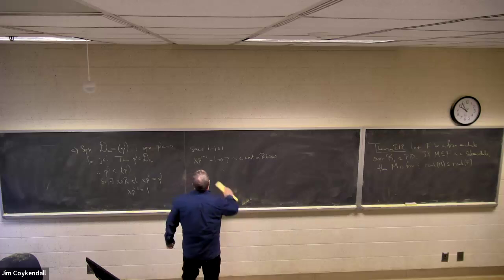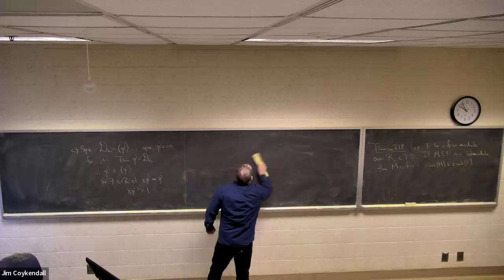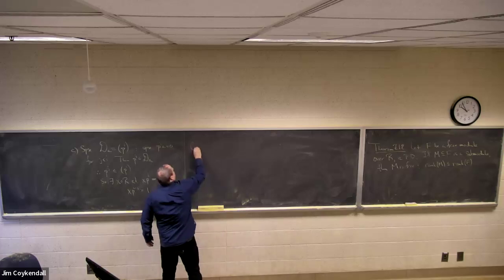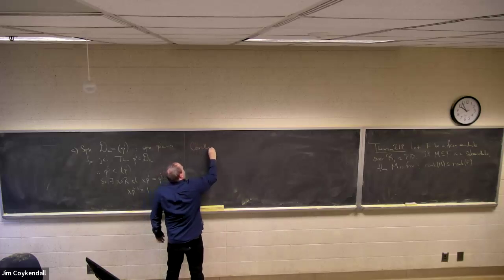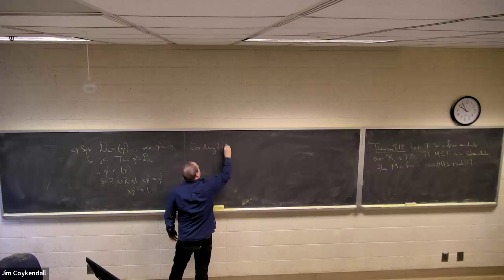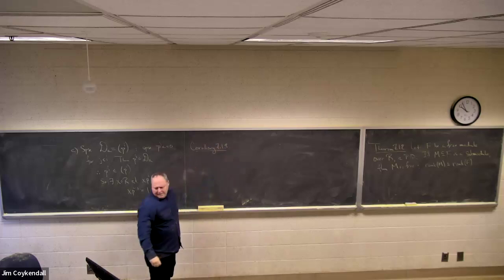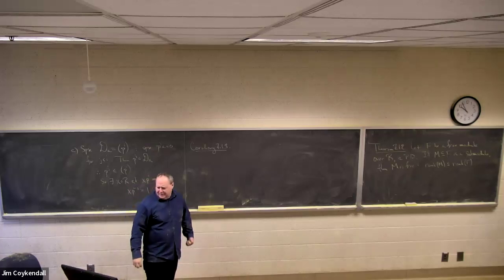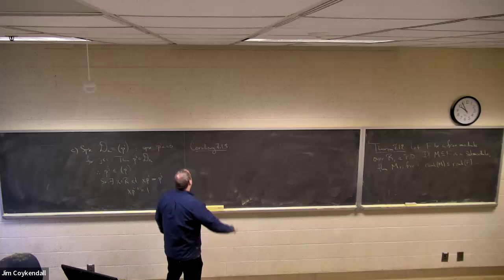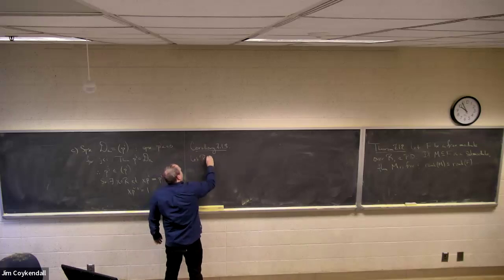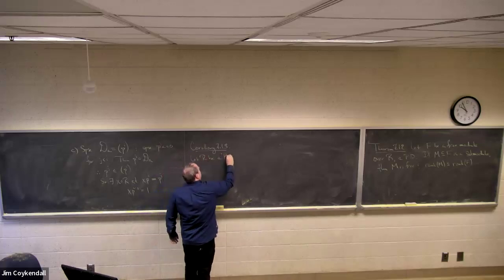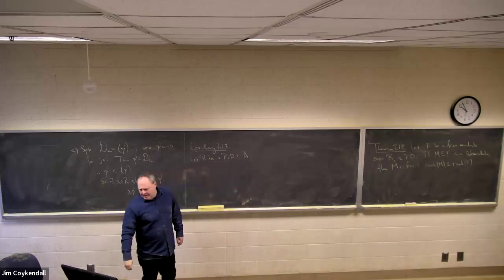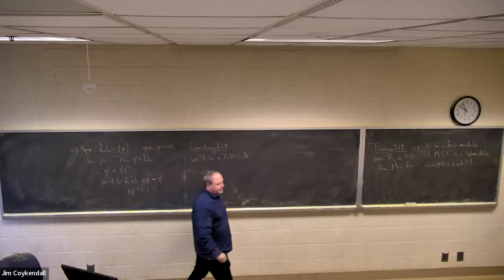Let me give you my two corollaries here. The first one is kind of obvious. Corollary 7.3. Let R be a PID, and let A be an n-generated R-module.